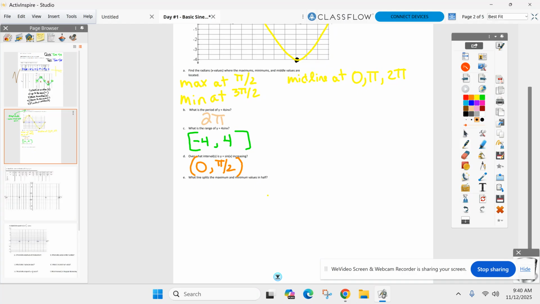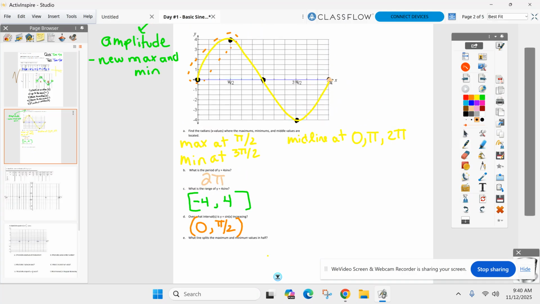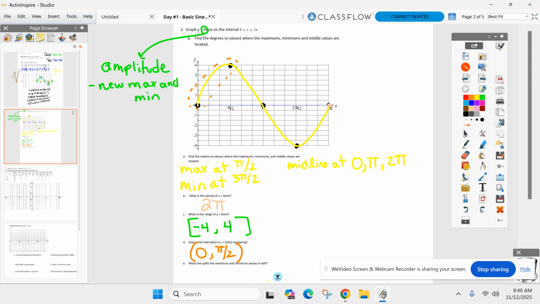Final question. Give me the line that splits the minimum and the maximum in half. There's the minimum. There's the maximum. Can you guys draw a line that splits them in half? Right here? And what's that line called?